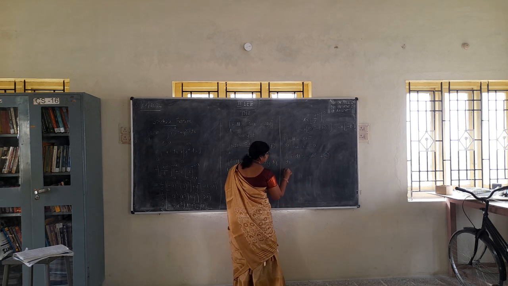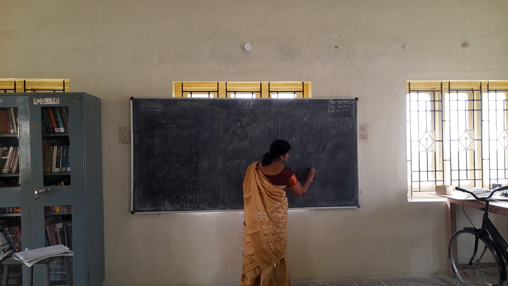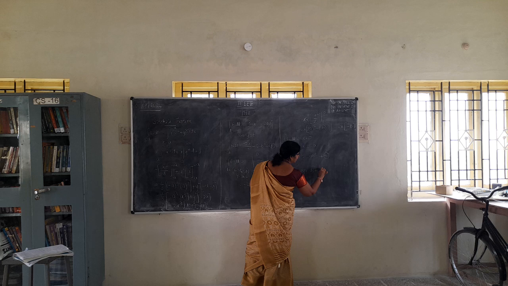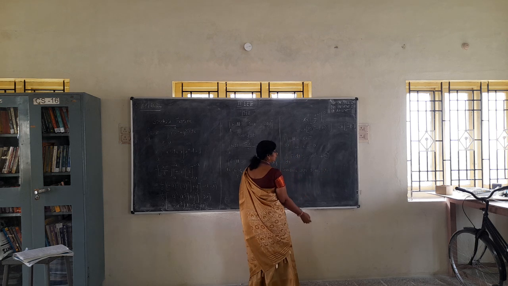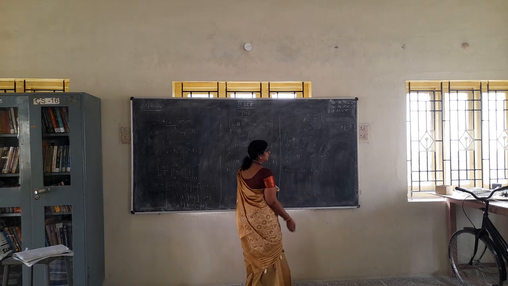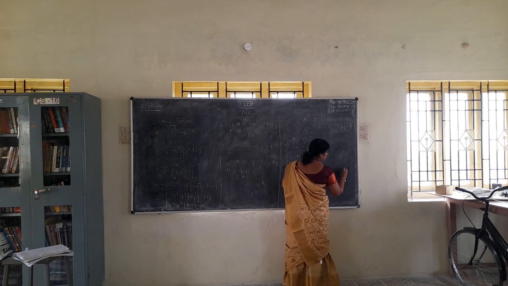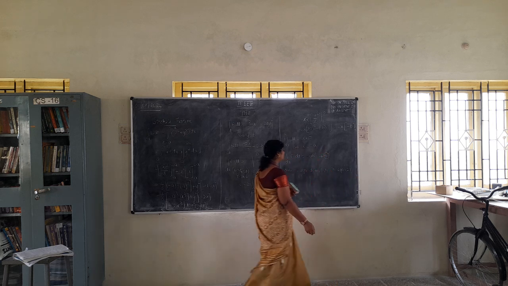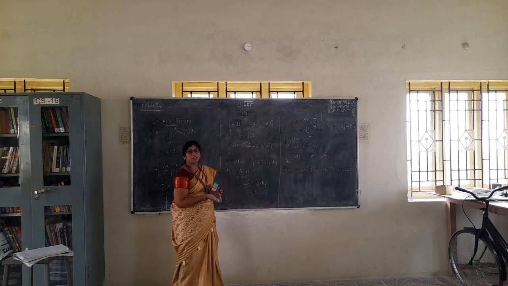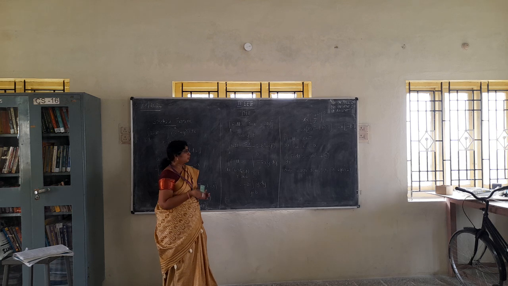Now combine equation number 3, 4, 5, 6. Substitute equation 3, 4, 5, 6 in equation number 2. For third equation, fourth equation number.